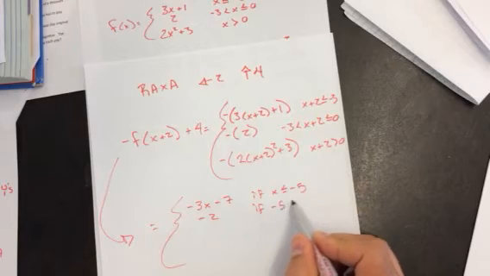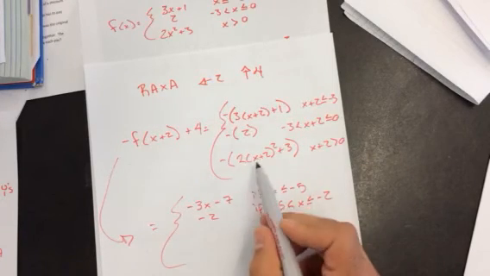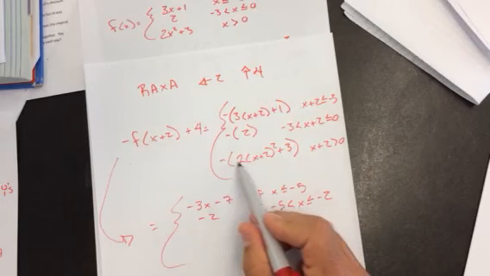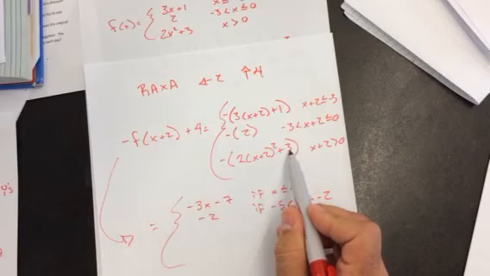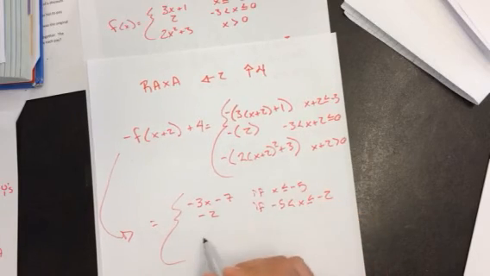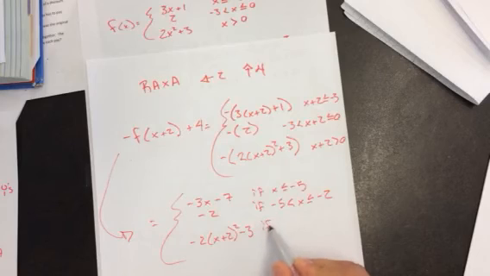Subtract the 2 over, and subtract the 2 over. Multiply this by negative 2 minus 3. So it's going to be negative 2 times x plus 2 squared minus 3. Subtract the 2 over.